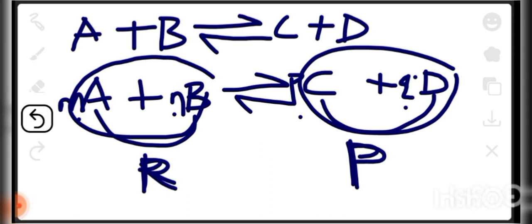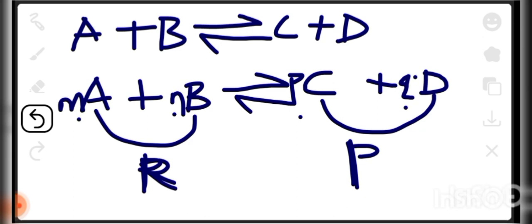That period in which there's no change in their concentration, we call that period where we have our chemical equilibrium. So it's just a state in which the reactants and the products are present in concentrations that have no further tendency to change.